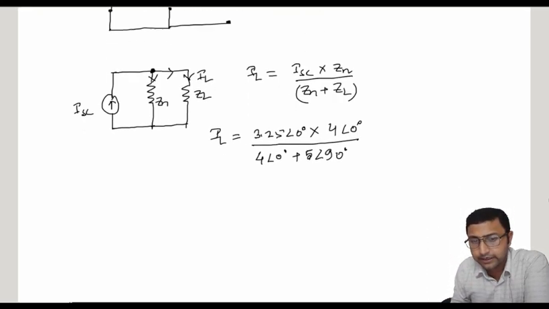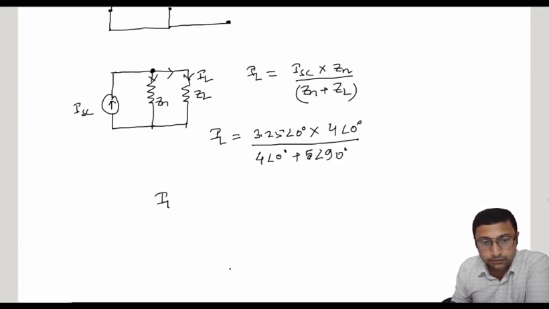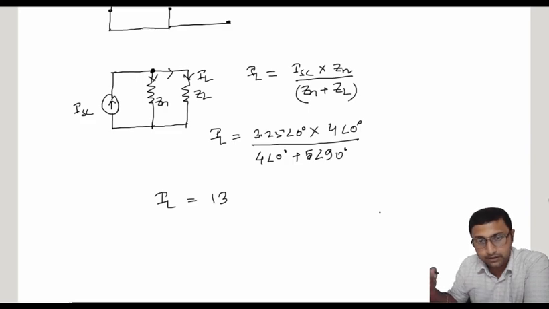Now if I calculate the IL, it is a very simple thing. I can multiply the numerator because these two terms are in the polar form. So your IL is simply 3.25 and 4. These two real parts I can multiply. That means it is 13, and the angles of the two components we add.